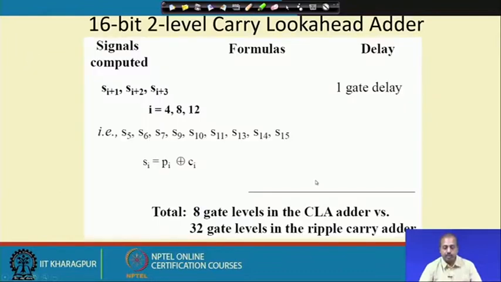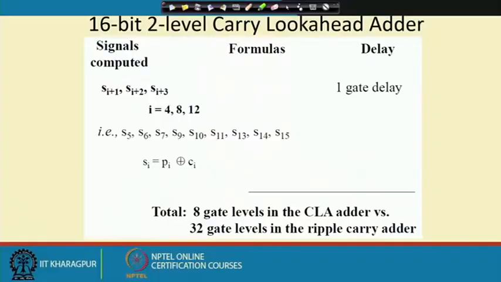This way it totals 8 gate levels in the carry look ahead adder versus 32 gate levels in the ripple carry adder. If I am having a 16 bit adder, then there will be 32 gate levels in the ripple carry adder, because each individual stage has its sum and carry, so the carry calculation will have 2 stages. Okay. So, that way it will have a total of 32 stages, but if you are using this carry look ahead mechanism, that will have only 8 stages.